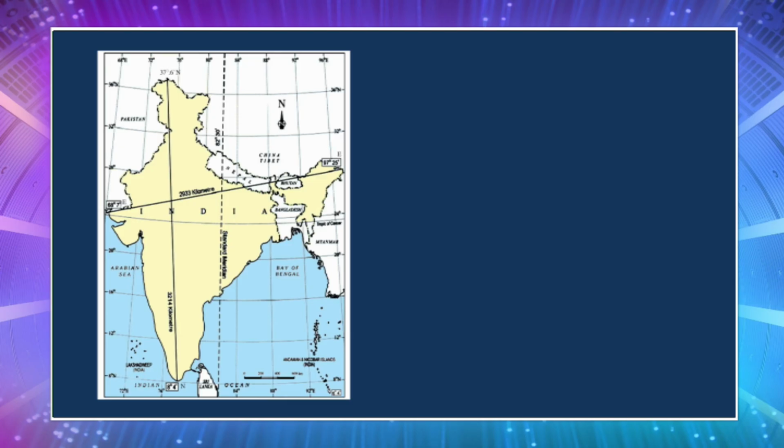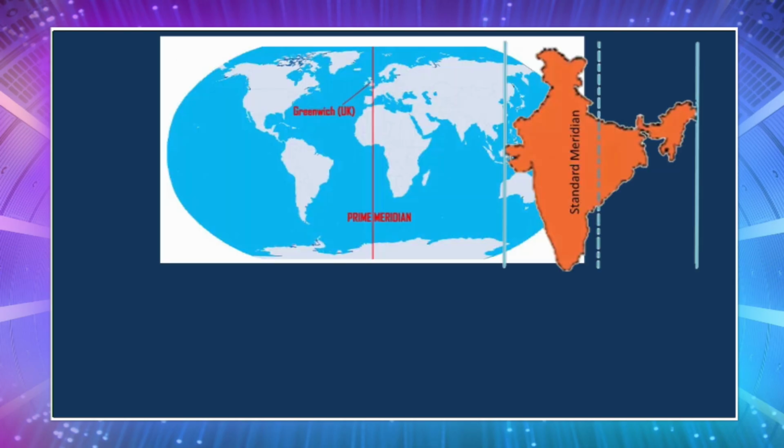Therefore, to avoid confusion in variation of different timings in the country, the longitude which passes through the center of the country, that is the 82.5 east longitude, is considered as the standard meridian and it is followed by the whole country. Children, in this image you can see that the line marked in red is the Greenwich meridian, that is the prime meridian, and the line marked in green is the standard meridian.